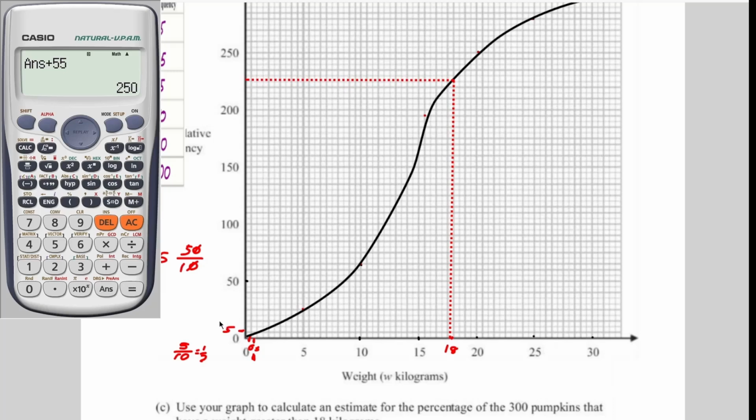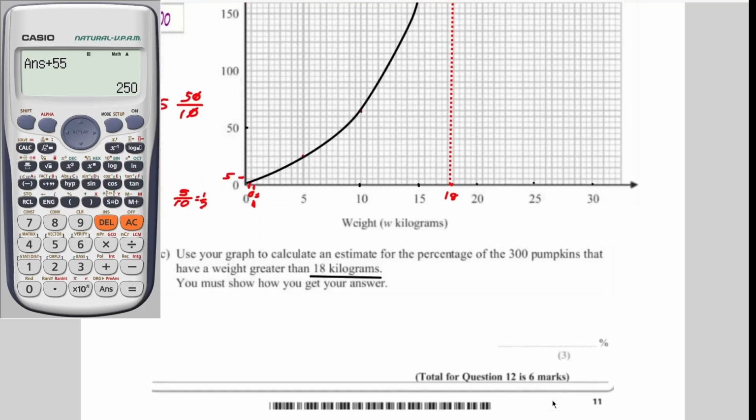Right. We need to get this reading. So let's get this reading. Now this is 200. It is 220. Then we need more than, which represents this side. So this is the more than region.